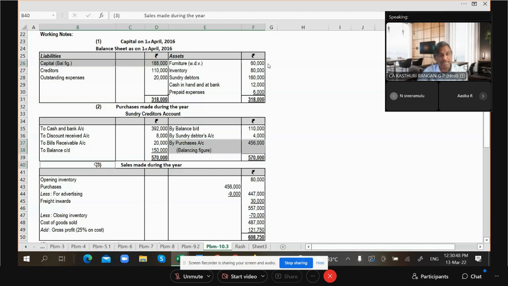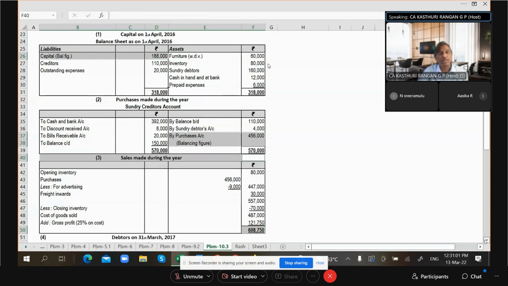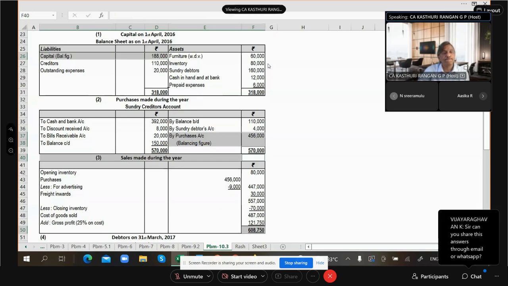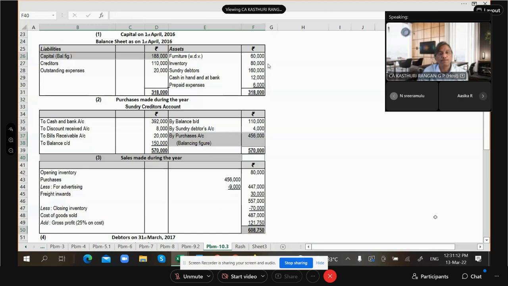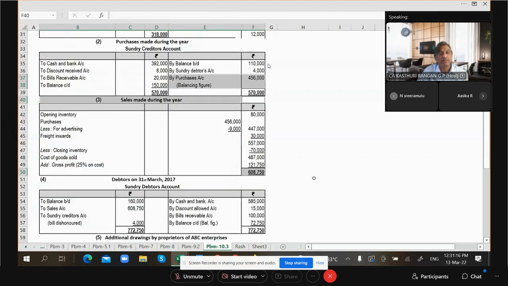Third working note is to find the sales during the year. That is the balancing figure. So these are the 3 working notes. Then working note number 4, debtors account.